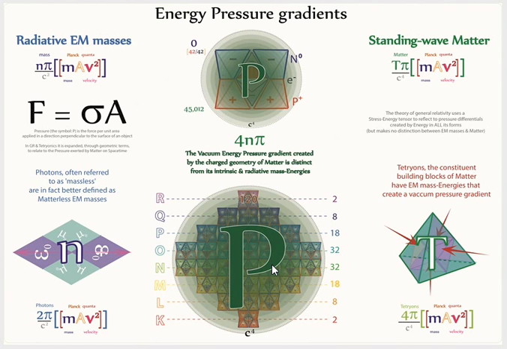Matter having a higher energy density than the surrounding vacuum energy or light itself, so therefore matter would create a curvature in space-time or the surrounding vacuum energy. Again, illustrated here as a tetration being impinged upon by the vacuum energy in order to create gravity, and the tetration is the building block of all matter.